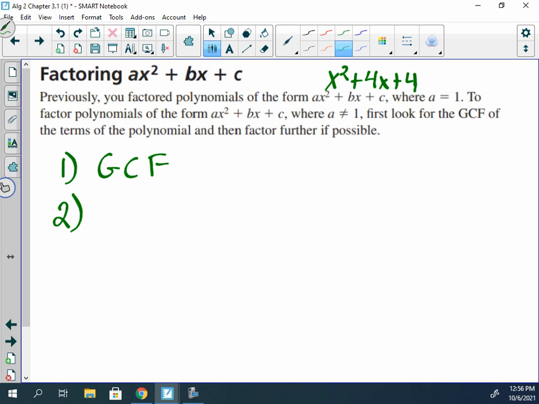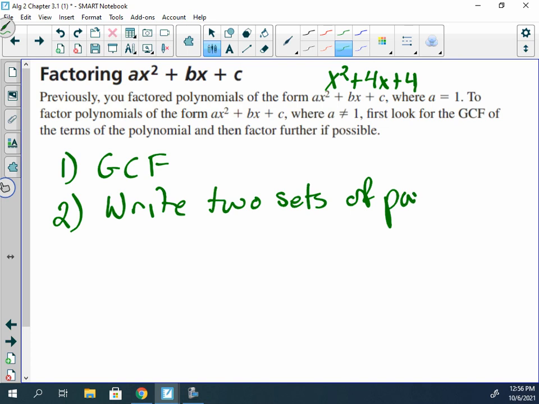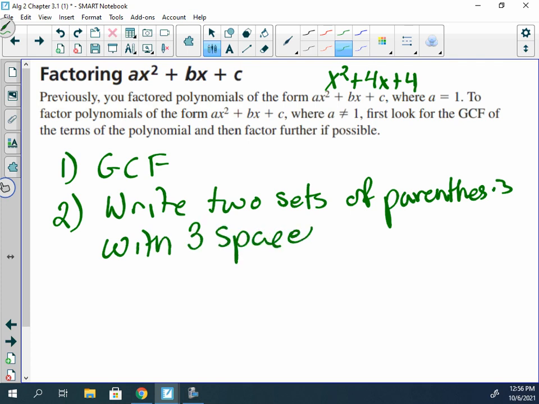Our second step is going to be to write two sets of parentheses with 3 spaces. So first we're going to pull out the greatest common factor, and then we're going to write 2 sets of parentheses with 3 spaces.